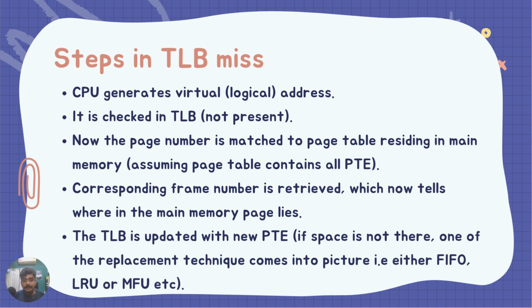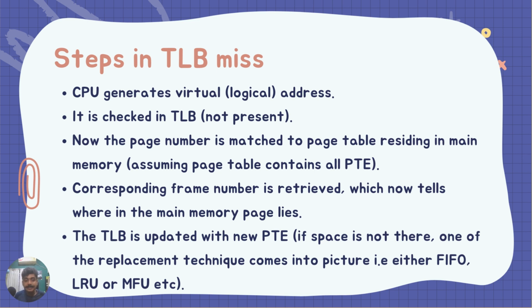So here is where the process is complicated, because first it has to search and find the exact page table that the page belongs to from the main memory, and from that page table then the exact page is retrieved. So this is where it starts to become inefficient.